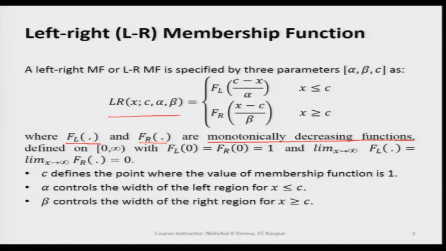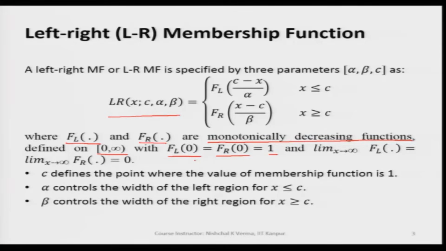This has to be noted, and these are defined on a strict interval, with FL of 0 equal to 1, and FR of 0 also equal to 1. So, we can also write it like this as it is written.